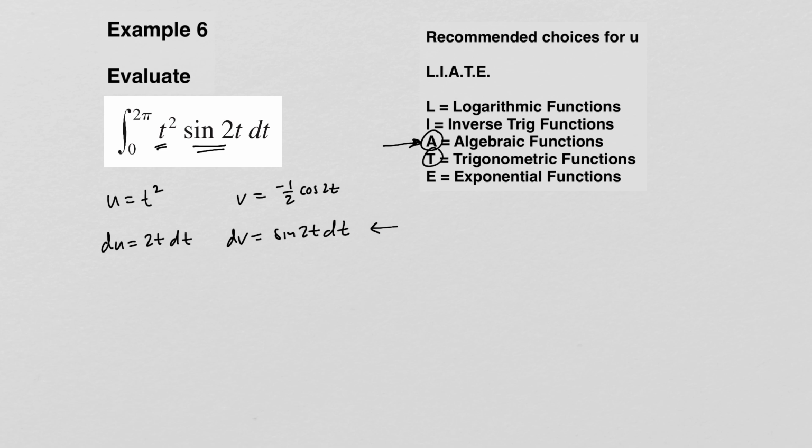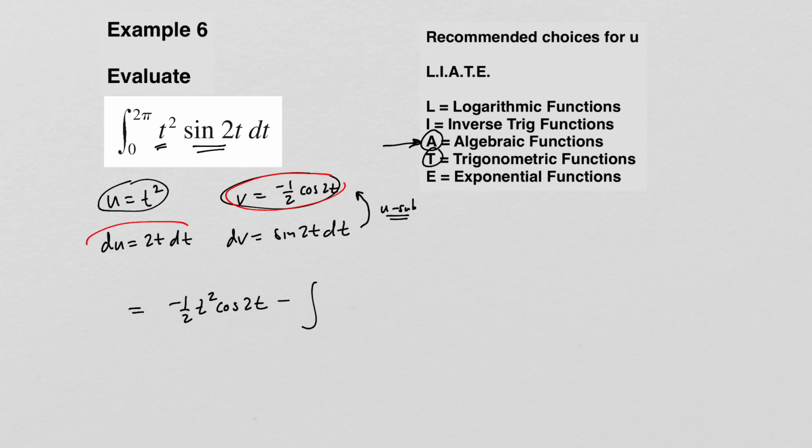Now, how do you get that? Well, if you know your formulas, you can get it directly. If you don't know your formulas, then you have to do a separate little u substitution problem to figure out what this is. All right, so now integration by parts tells us that we're going to get u times v, so that will be negative 1/2 t squared cosine of 2t minus the integral of v times du, which is negative 1/2 times 2t times the cosine of 2t times dt.